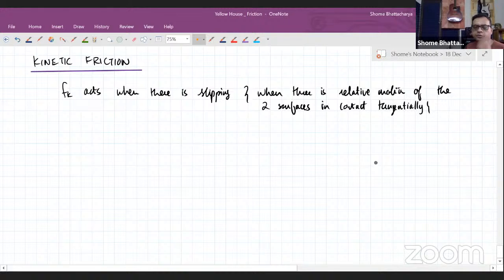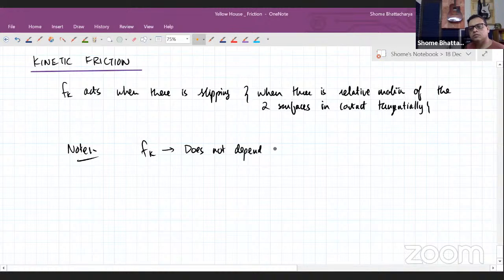That means along the surface of contact. Now the most important thing, the magnitude of kinetic friction does not depend on external force.